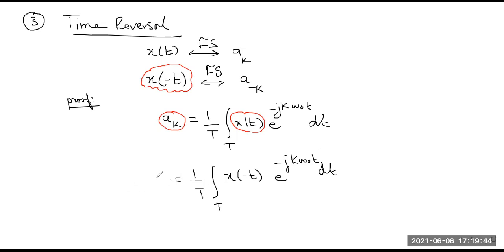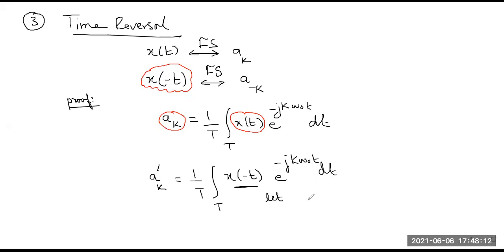Let me call this Fourier coefficient A dash sub k, because we have a different signal. Let me replace this minus t by some other dummy variable.